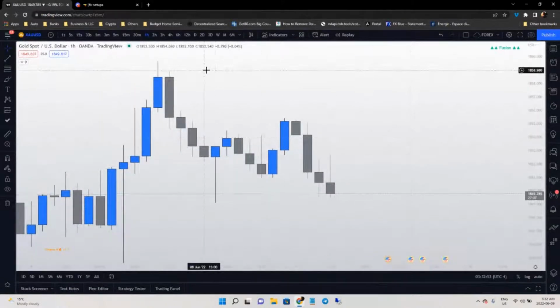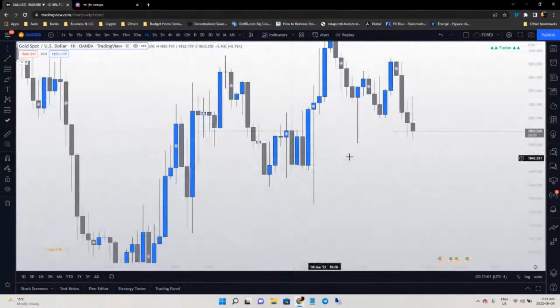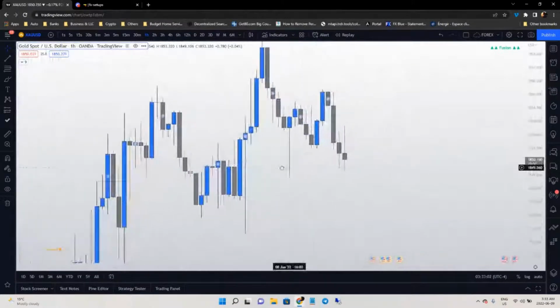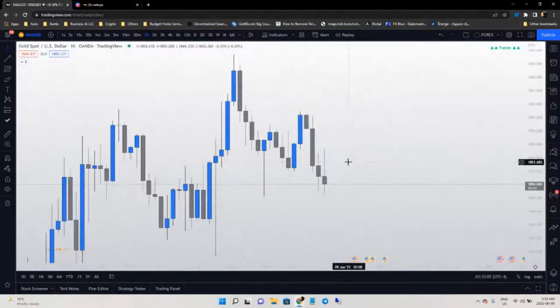Okay, so let's look at gold. Go back. Regarding gold, are you trading it on the higher time frame or the lower time frame?